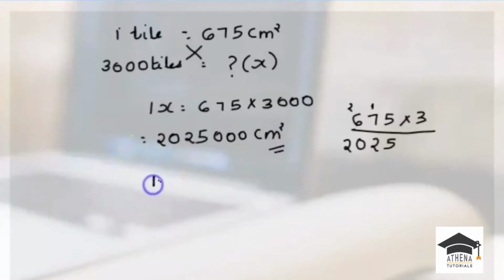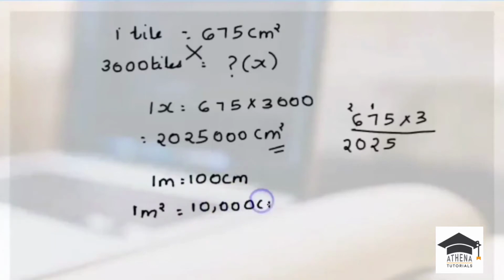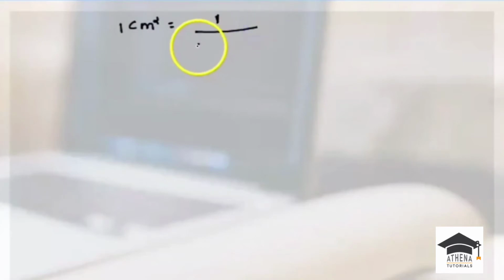We know 1 meter is equal to 100 centimeter. So 1 meter square will be equal to 10,000 centimeter square. So 1 centimeter square is equal to 1 by 10,000 meter square.